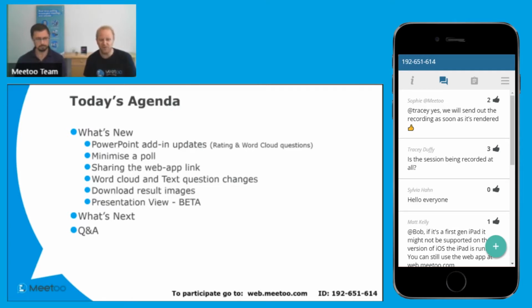We've introduced a nice simple method of sharing the web app link from your control dashboard. We've got a few changes to the way that the word cloud and text questions work in the control dashboard, as well as a new ability to actually download result images from your dashboard, and then a really exciting element which is our presentation view beta feature. And all of those Matt's going to be walking you through in a moment, and then that new stuff is going to take up quite a lot of the time. So we'll have a little bit about what's next, and then some Q&A at the end.